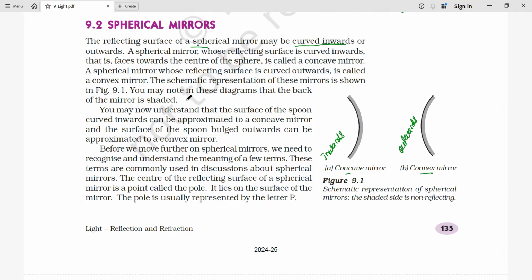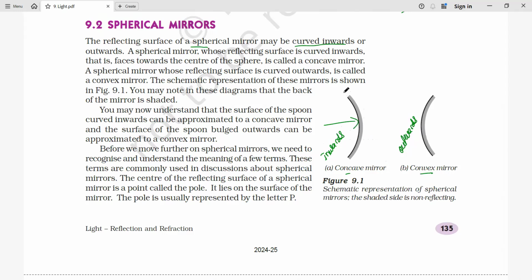On the basis of this, we have two different types. This being part of some sphere, here you see the face is toward the center of the sphere. That mirror will be called a concave mirror. So the reflecting surface here is concave, okay.